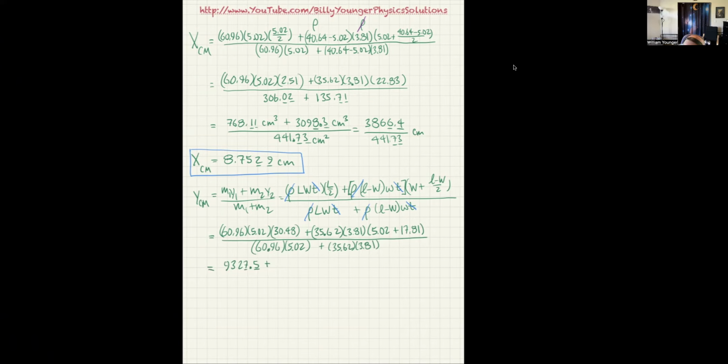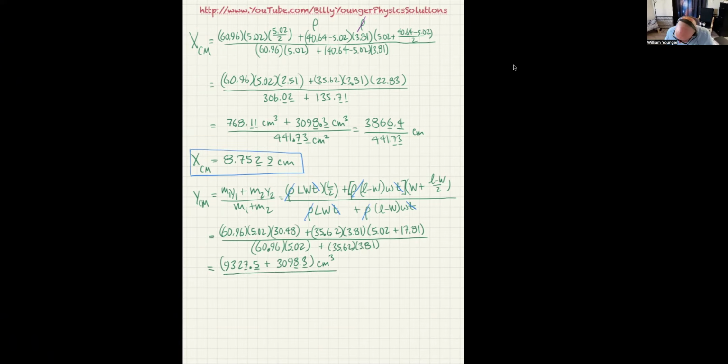And this gives me 3,098.3. And you can see again that's 3 sig figs times 4 sig figs times 4 sig figs. So the 8 and the 3 are not significant figures. So I'm just going to put all the units up here now that we know them.